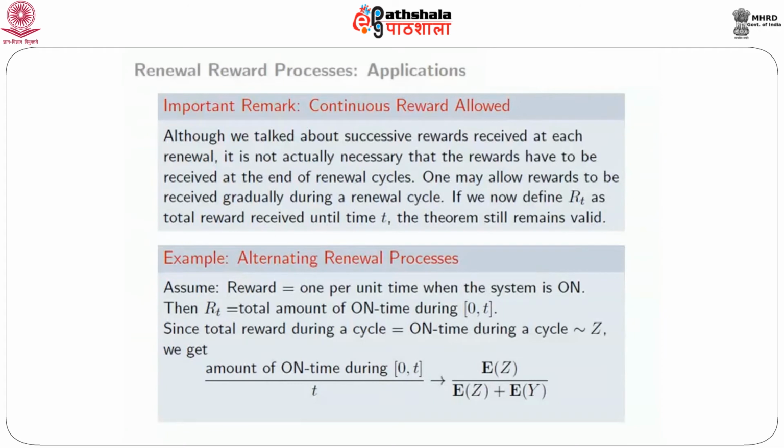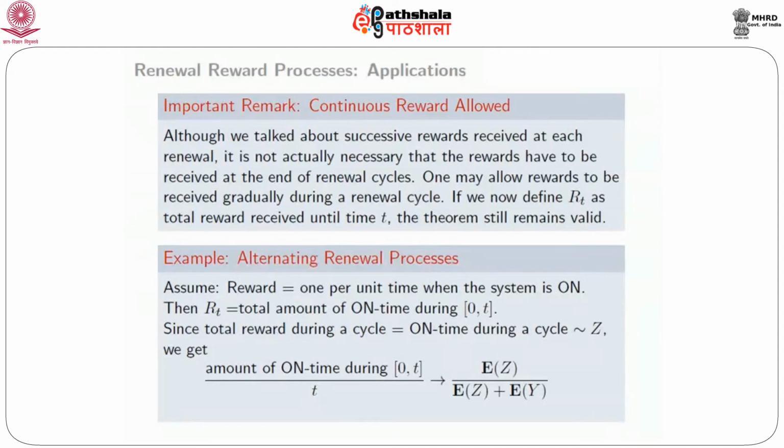Since the total reward during a cycle is the same as the on time during a cycle, which is Z_1, we get that the amount of on time during 0 to t over t converges to the expectation of total reward during a cycle, which is E[R_1], which is E[Z], divided by the expectation of the total renewal cycle, which is E[Z] plus E[Y].